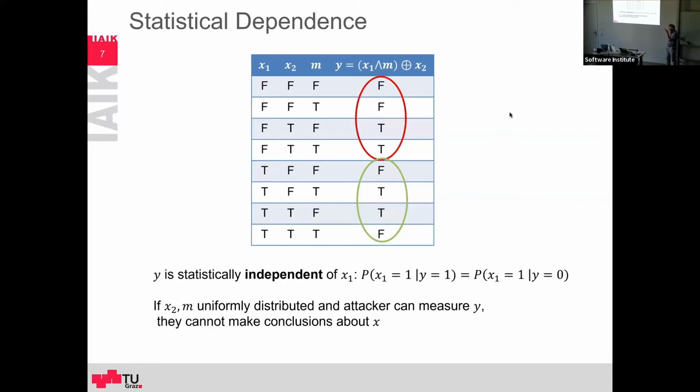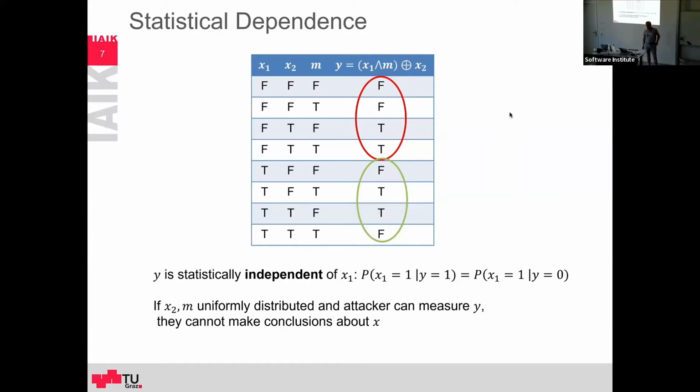It means that if x2 and m are chosen randomly, and you can look at y, then you will see trues half the time and falses half the time, independent of what the value of x1 was. So y is statistically independent of x1. And that's nice, right? It means from this function, I cannot conclude anything about x1.